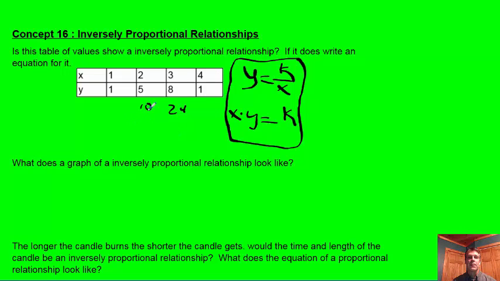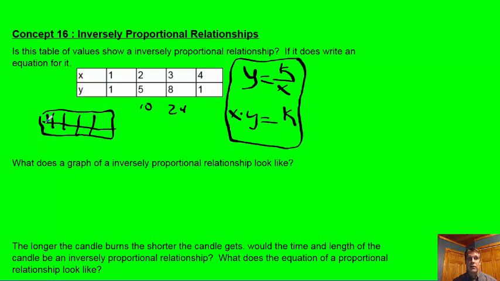Okay, so let's say I do have one. Let's draw one up. What would be a proportional or inverse relationship? So what would be a graph of an inverse? Well, they just have to multiply to the same number. So let's say I pick 12. I could multiply these to 12.